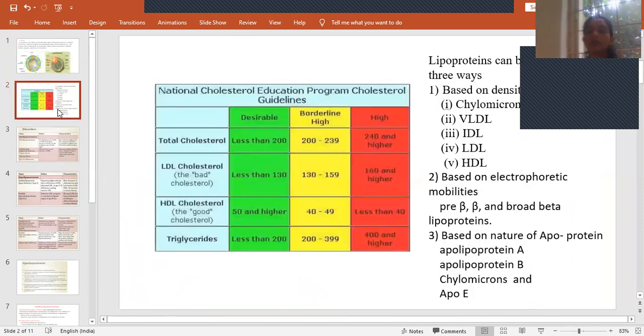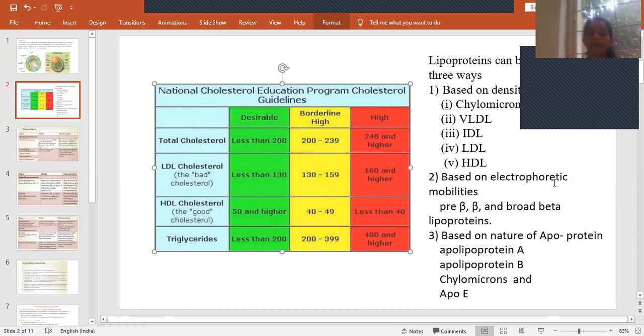Lipoproteins can be divided in three different ways. Based on the density, they are of five types: chylomicrons, very low density lipoproteins, low density lipoproteins, high density lipoproteins, and intermediate density lipoproteins. Based on electrophoretic mobilities, like their ability to move in and out of the cells along the plasma membrane, they are of three types: pre-beta, beta, and broad beta lipoproteins.